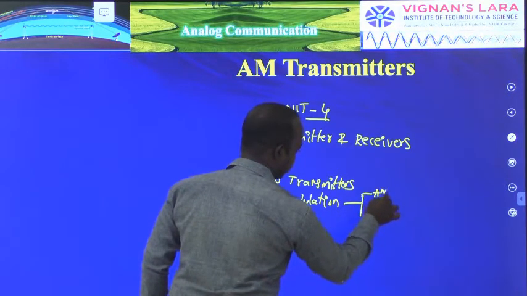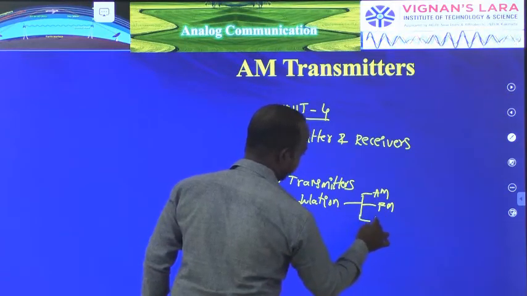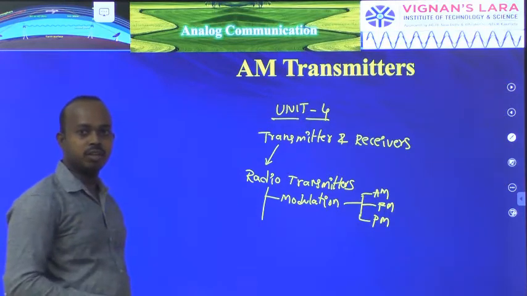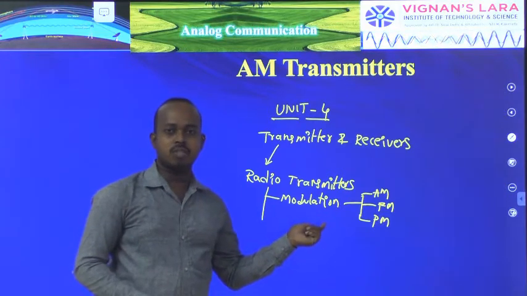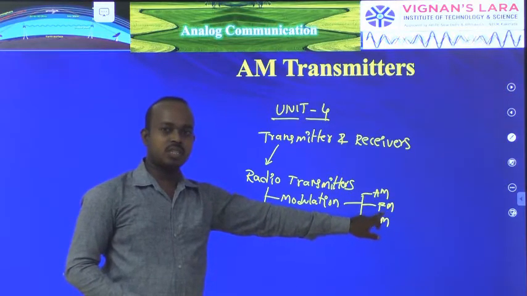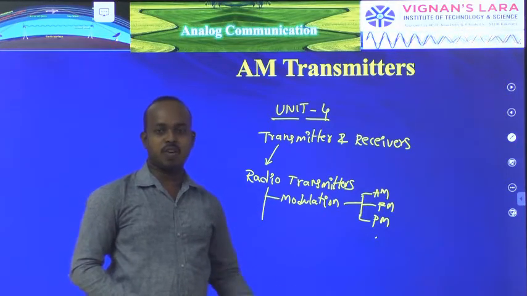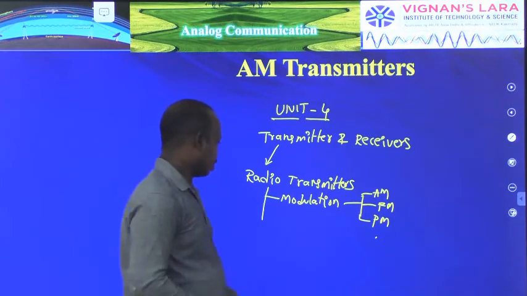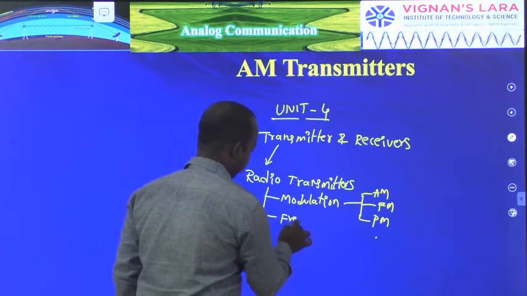One is AM transmitters, the second one is FM transmitters, and the third one is phase modulation transmitters, PM transmitters. This is one type of classification. And the second one is based on the frequency.